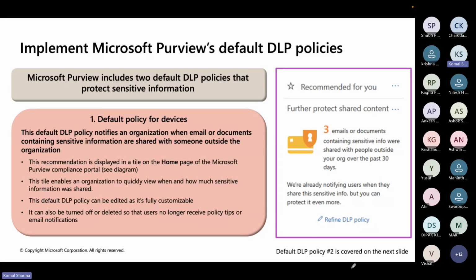You can also implement Microsoft Purview's default DLP policy, which is already available in the environment. These default DLP policies, even before an organization creates its first DLP policy, help to protect its sensitive information, as it has a default policy for devices and a default policy for Teams. The default policy for devices notifies the organization when a user shares an email or documents containing some sensitive information.